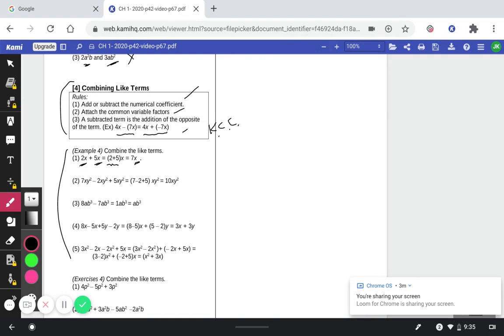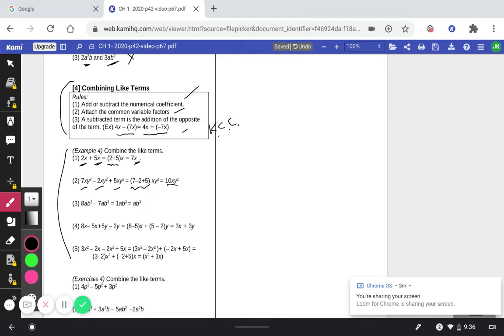Well, now number 2, what would be 7x squared minus 2x squared plus 5x squared? Since they all have the same letter and power, you can just combine the numbers. 7 minus 2 is 5, and 5 plus 5 is 10. So you end up with 10x squared.